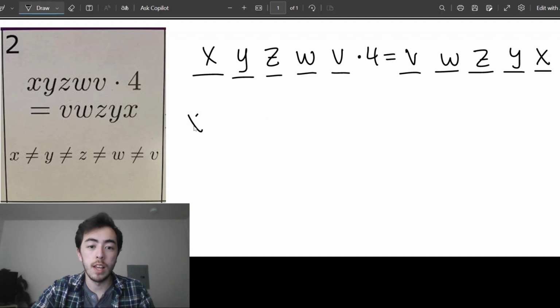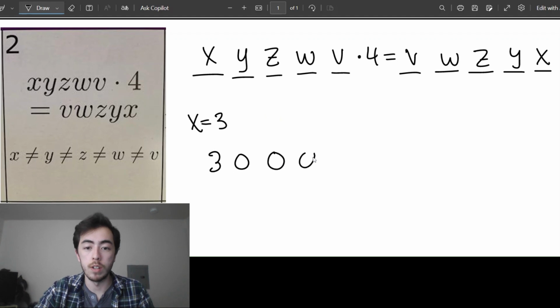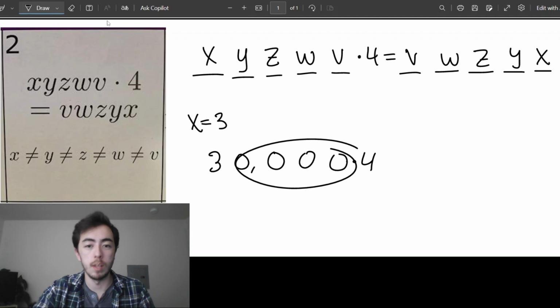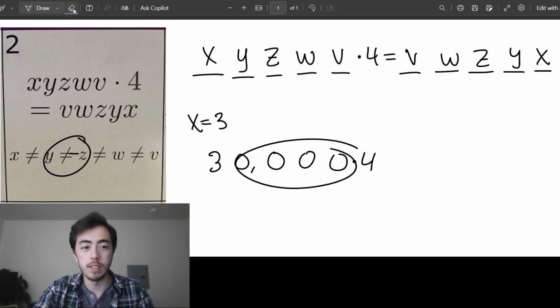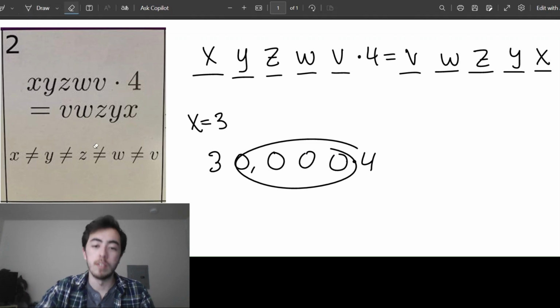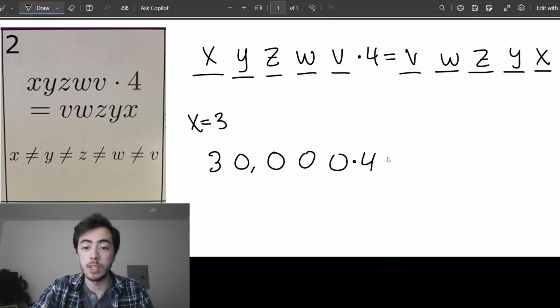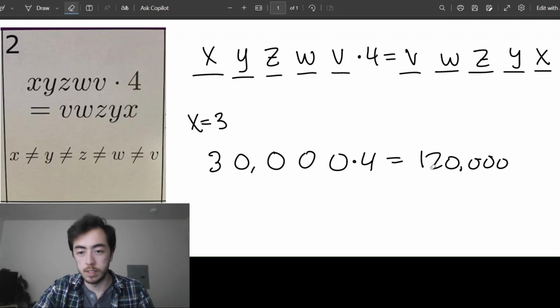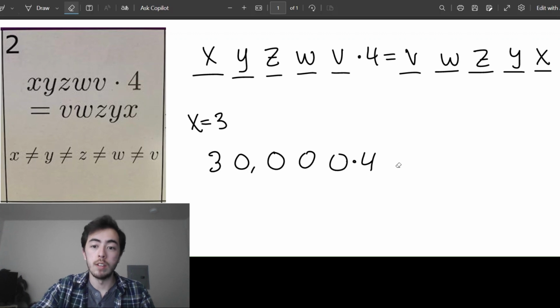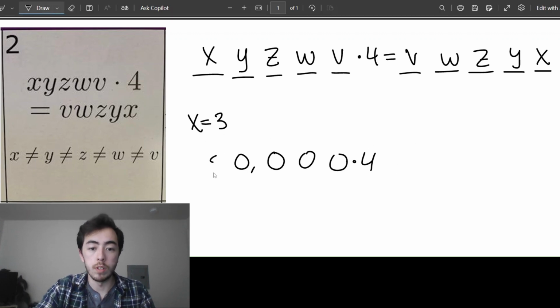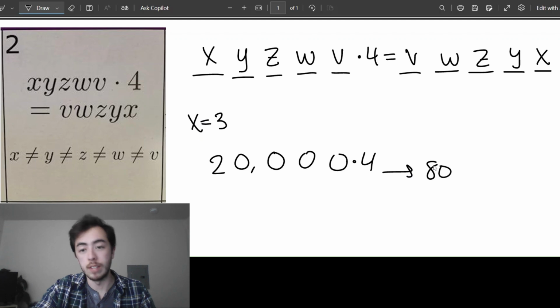If I let x be equal to 3 and multiply, say, 30,000 by 4, and I know I can't have copies of the same digit, but for the sake of example, a number this big times 4 is going to get me 120,000, and now that's a 6-digit number. That's too big. So x really can only be 2, because then I'd get 80,000, and that's okay, or it could be 1.